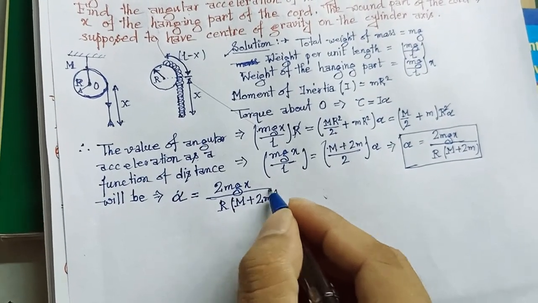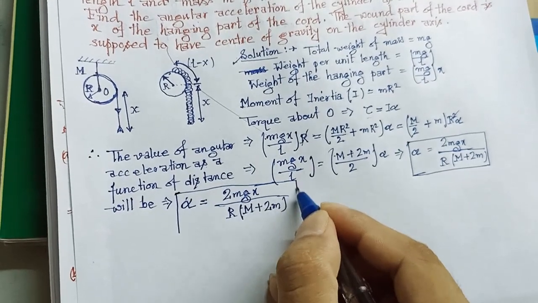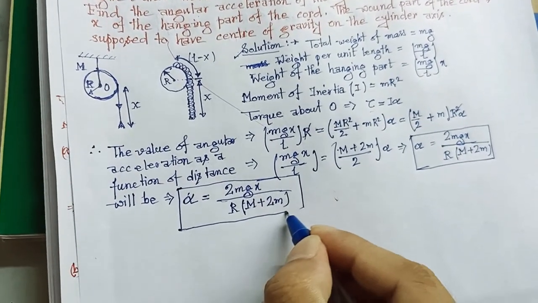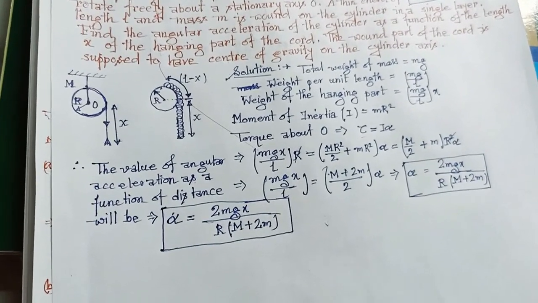So this is our required expression for finding the value of angular acceleration with hanging portion of the hanging length of the mass.